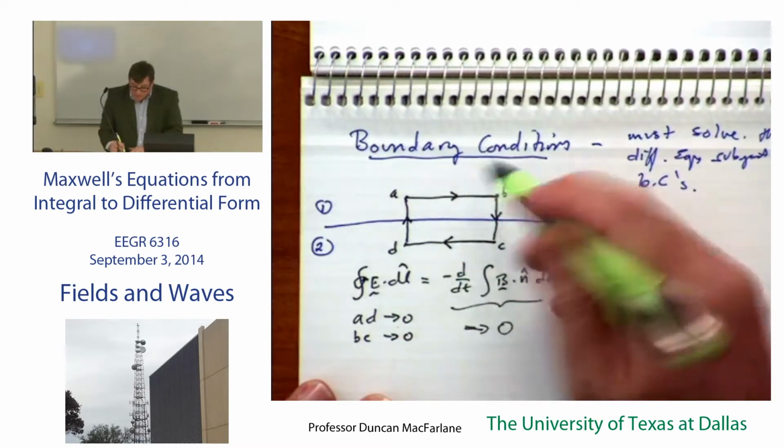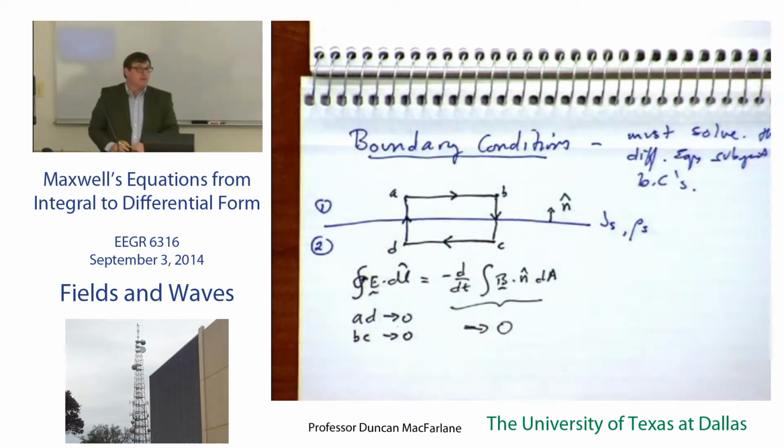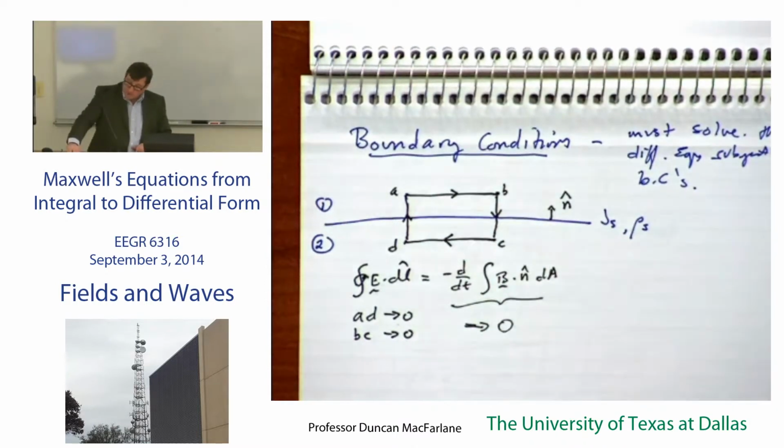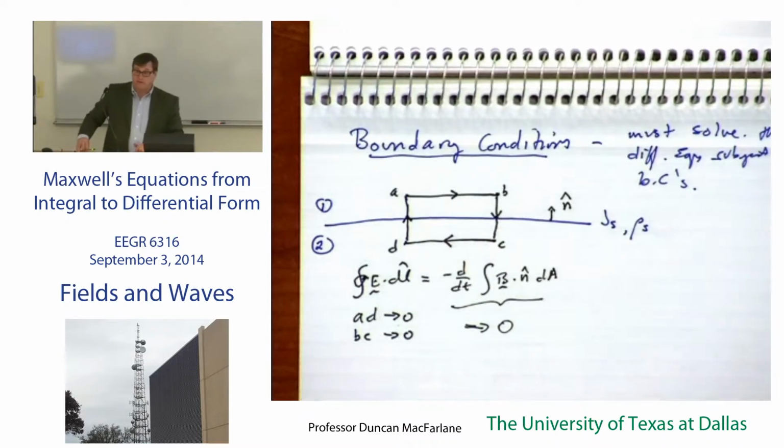If this and this guy are the electric fields that are normal to the surface, to the boundary, then this guy and this guy are parallel or tangential to the boundary. Okay?